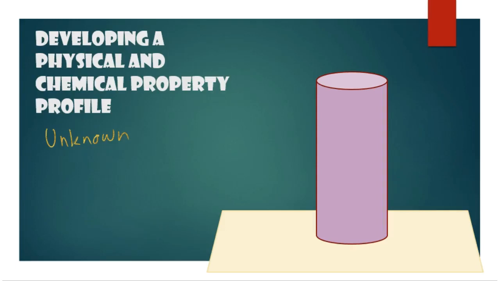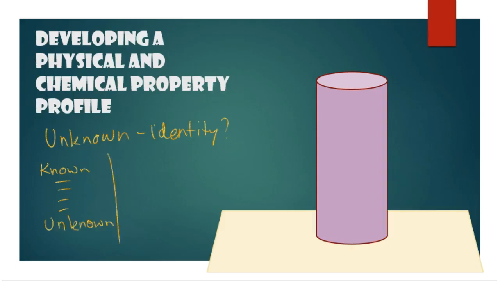So in order to figure out what an unknown substance's identity is, you have to be able to compare it to known substances, and we use a physical and chemical property profile in order to do that. So you're going to be given a whole heap of known substances to compare it to. We know it's going to be one of them. And you're going to have your unknown substance.